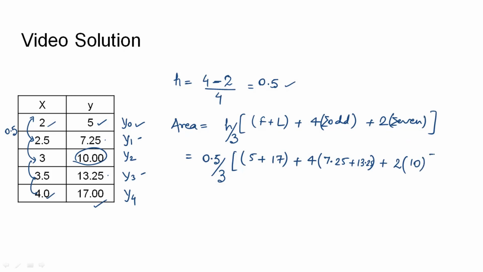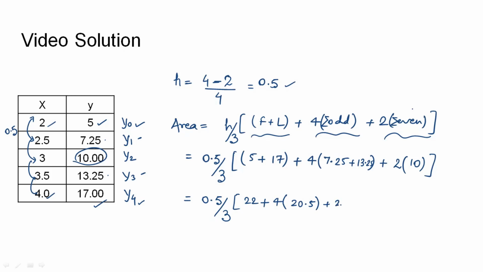A point to be noted is that the first and last ordinates should not be counted within these two groups. They are separate, so we should not think that y4 is an even ordinate and add it here. The first and last ordinates will be added only once. This should be remembered while using Simpson's 1/3 rule. So 0.5 by 3, times 22 plus 4 times 20.5 plus 20.